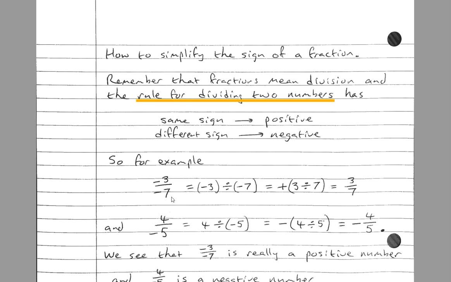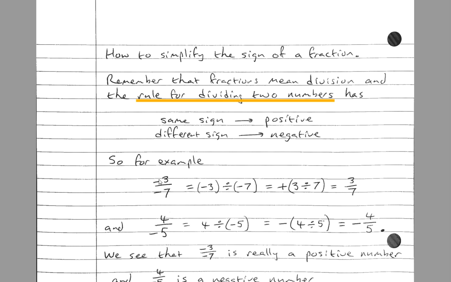For example, a fraction like this, -3 over -7, we can think of this as -3 divided by -7. As division, these two numbers have the same sign. They're both negative, so that makes the answer positive. So it's 3 divided by 7, so it's positive 3/7.